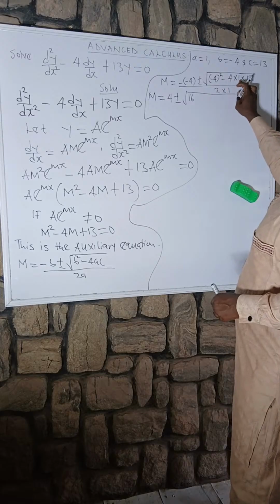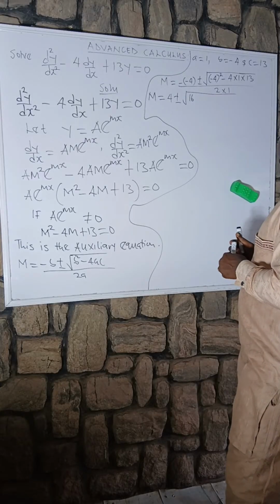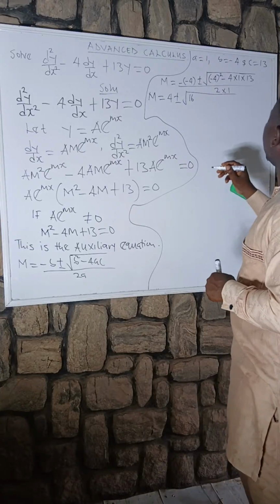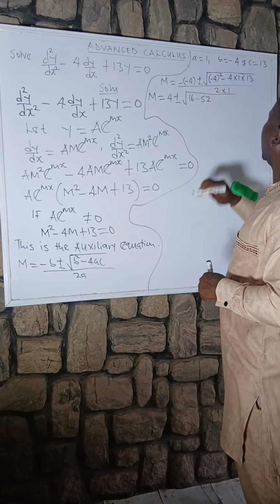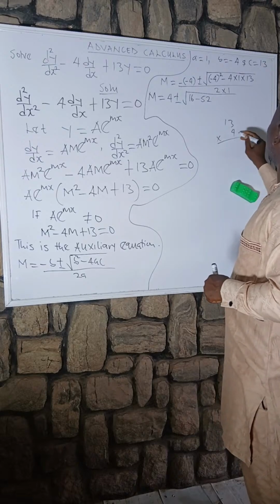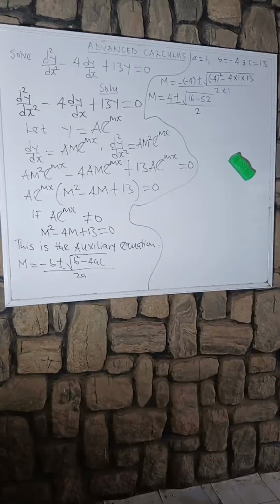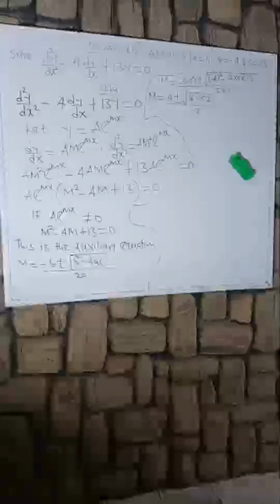Then minus 4 times 1 times 13 is minus 52, because 13 times 4 is 52. Any question? Do you agree with me?